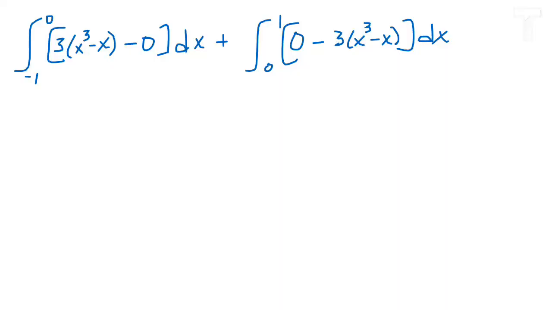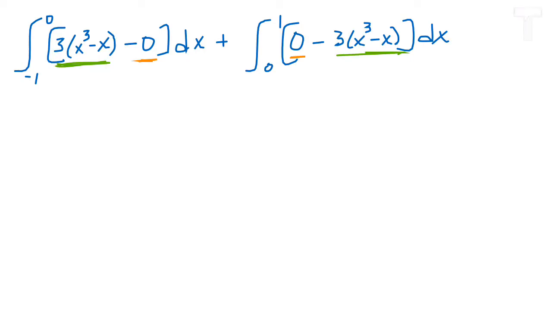So now notice in this beginning piece from -1 to 0, f of x was the upper and g of x was the lower. And then when I get to the second piece, g of x is the upper and f of x is the lower.